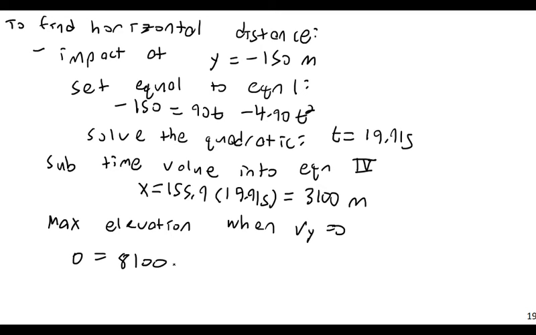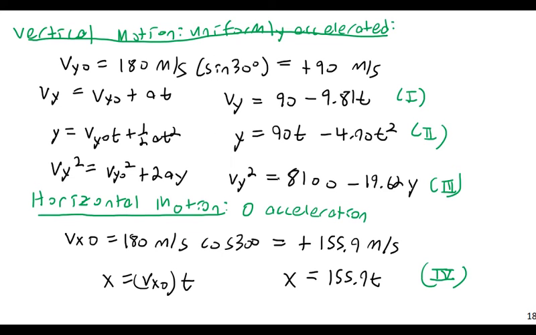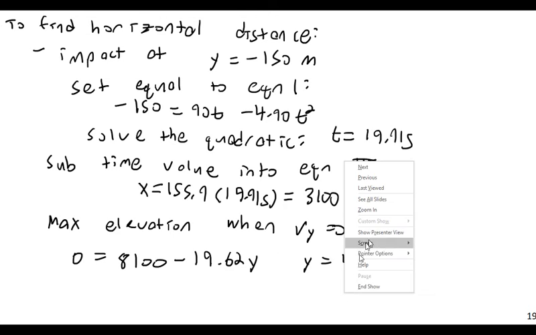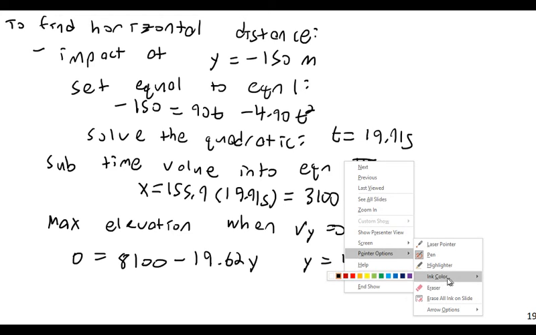Actually, sorry, not that one. I want to look at this one here. Sorry about that. Equation 3. Vy squared equals 8,100 minus 19.62y. And I will find that y equals 413 meters.